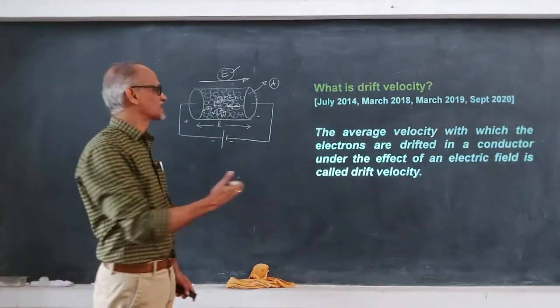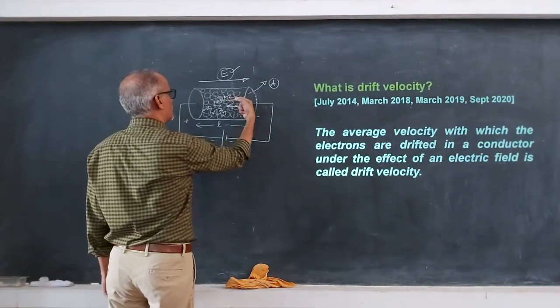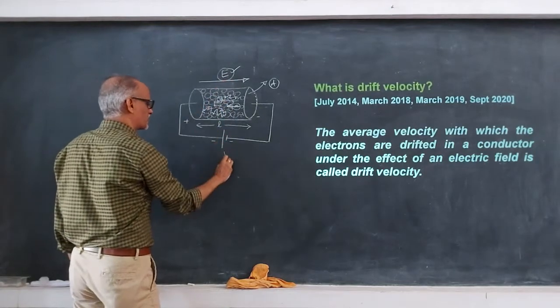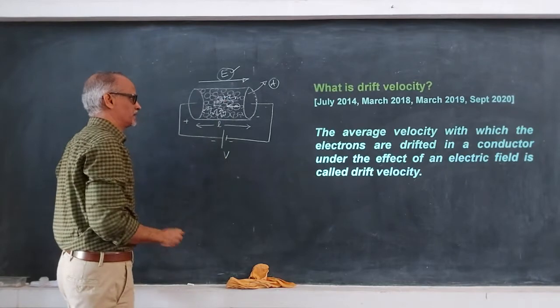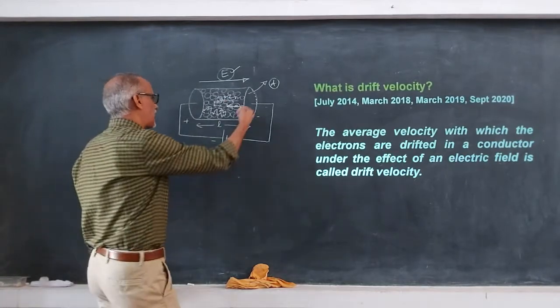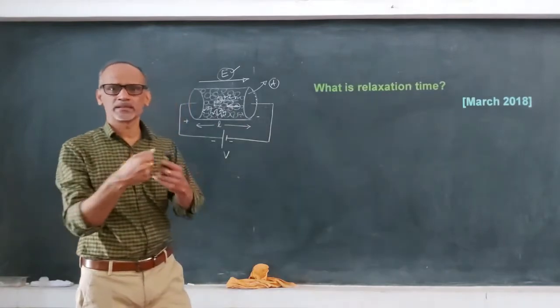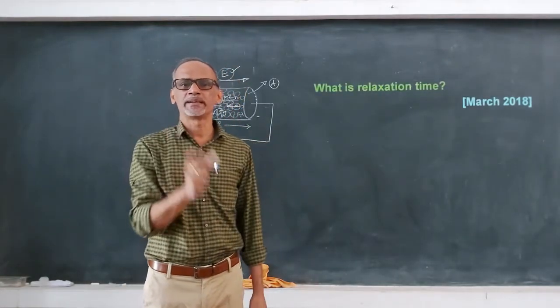Hope you have understood what drift is. Drift is nothing but the push the electron gets under the influence of the electric field. There has to be some potential difference, without which the electrons don't move from one end to the other. Then as it moves, it gets collided. Now, during successive collisions, what is the time it takes?